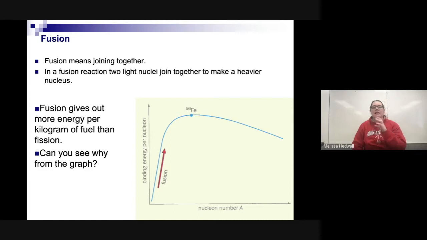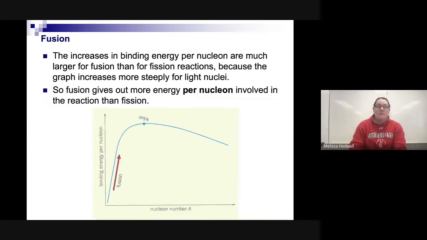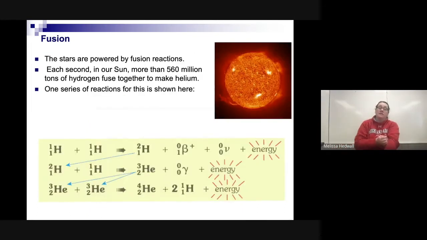And because it's not that much energy, there's not that many nucleons, by releasing one, it takes a good percentage of that energy with it. And so fusion gives out more energy per nucleon involved than fission. So fusion gives more energy than fission does.